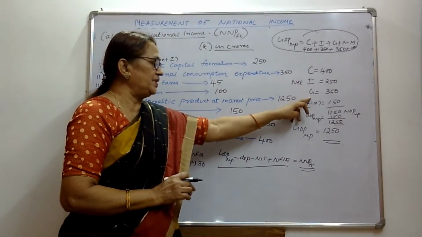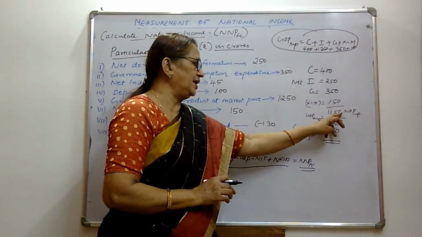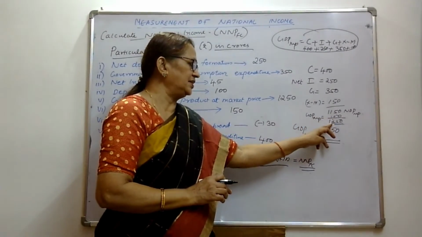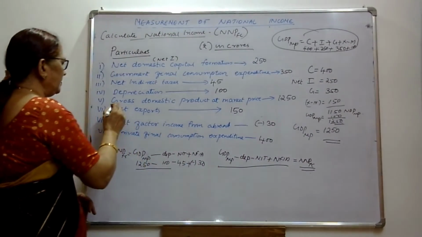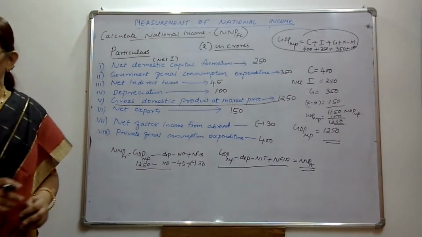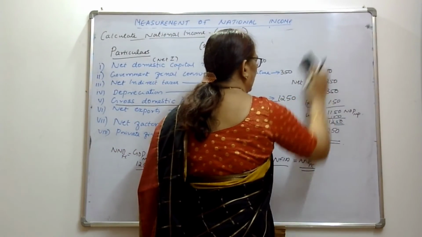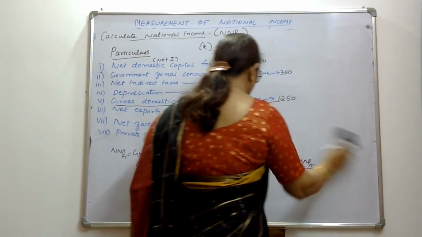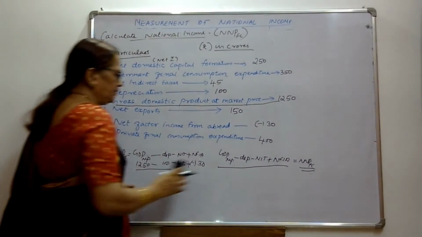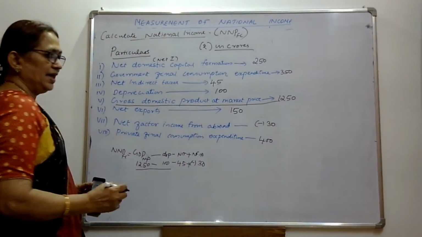Here we have done it both ways. C plus net I plus G plus X minus M, we are getting NDP at market price 1150. If you want to make it GDP at market price, add the value of depreciation, 1250. The same is given here directly, GDP at market price 1250. So we are going to do the direct method as GDP at market price is given. NNP at factor cost is equal to GDP at market price minus depreciation minus net indirect tax plus NFIA.